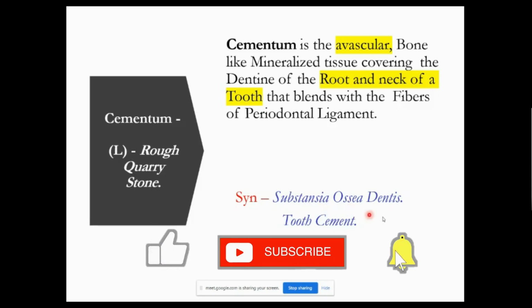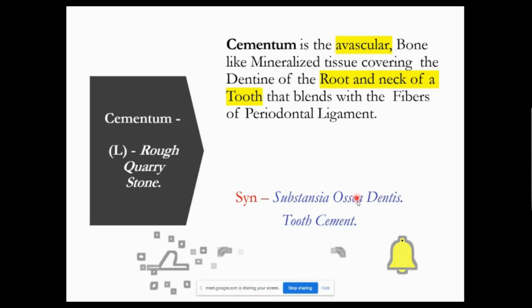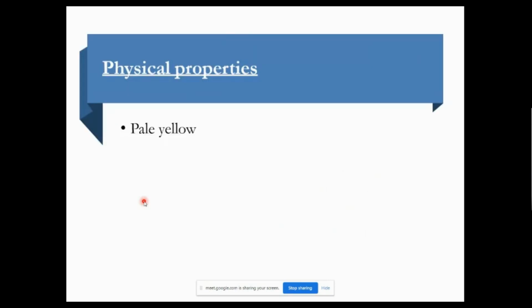So the tooth structure which resembles the bone is cementum. Okay, it's also called tooth cement, because it is on the periphery, and like I said, it resembles rough quarry stone like cement, so it's called tooth cement.